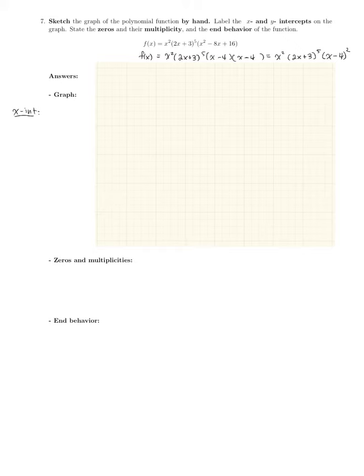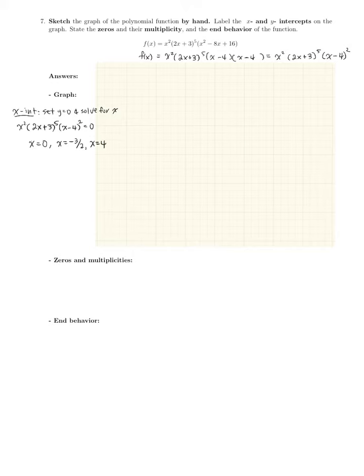To find the x-intercept, you set that whole entire function equal to 0 and solve for x, which is also the zero of the polynomial. So set y equals to 0 and solve for x. We have x squared (2x plus 3) to the 5th (x minus 4) squared equals 0. So that means x is 0, x is negative 3 over 2, and x is 4.